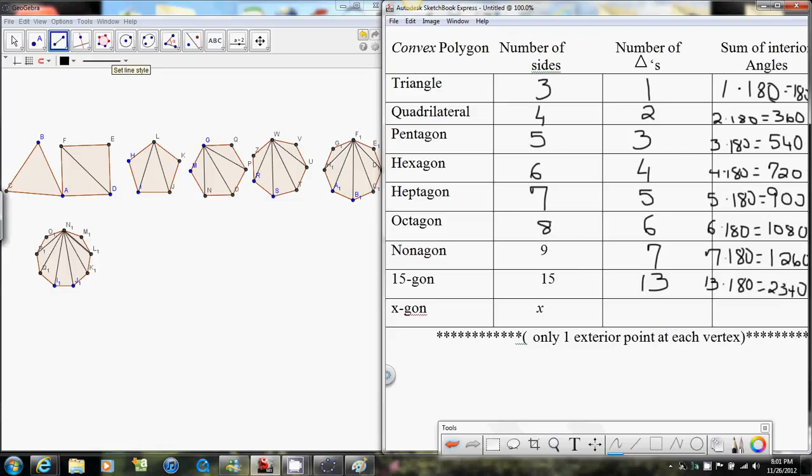Now the question is, how can we generalize this for any polygon? Let's say a polygon has X number of sides. We know that the number of triangles created would be X minus 2.